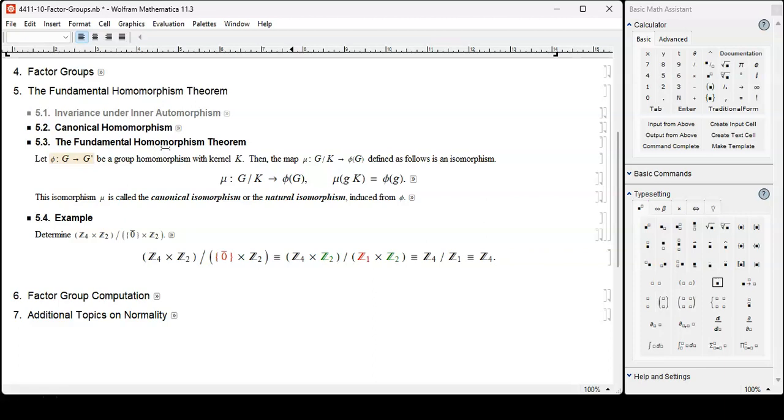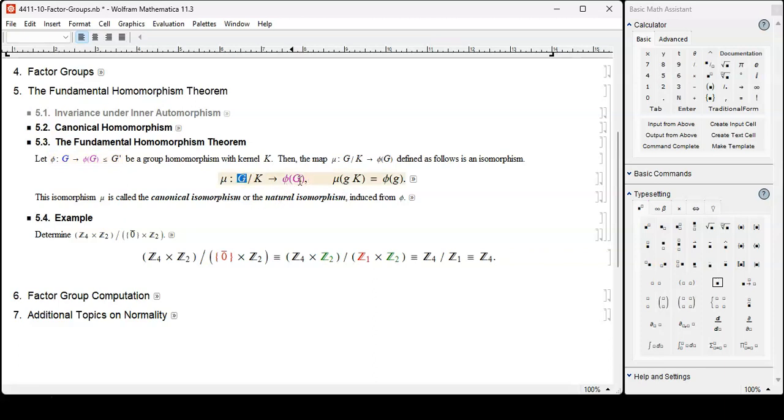Let phi be a group homomorphism from G to G prime, but G prime is too big because we are focusing upon the image phi of G, which I'm highlighting in purple right now.